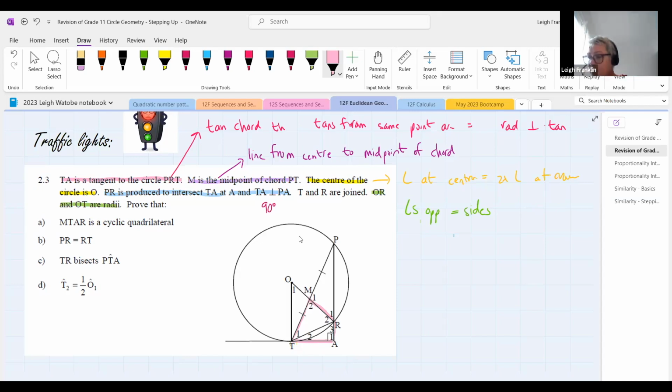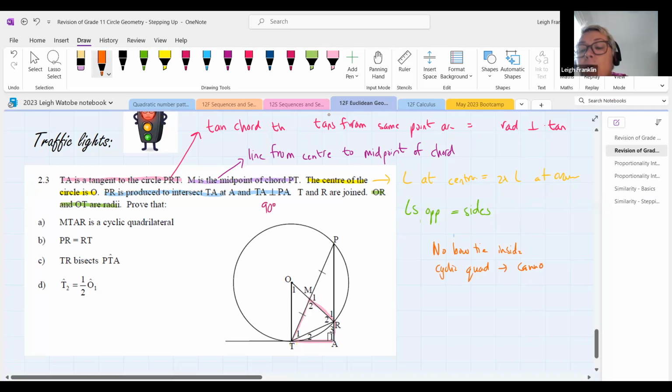All right, so if there's no bow tie, I'm just going to put this on the side for you. No bow tie inside cyclic quad. That means you cannot use converse angles in the same segment. My spelling is atrocious today. Sorry, guys.